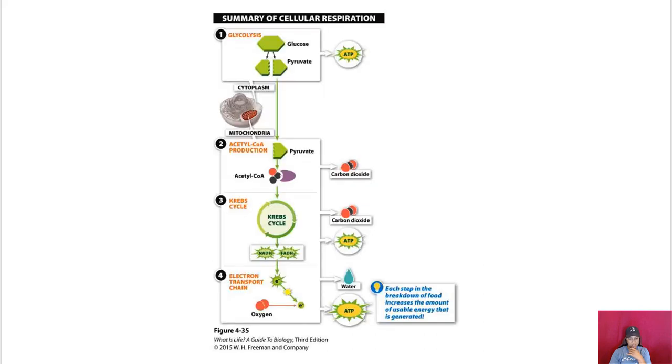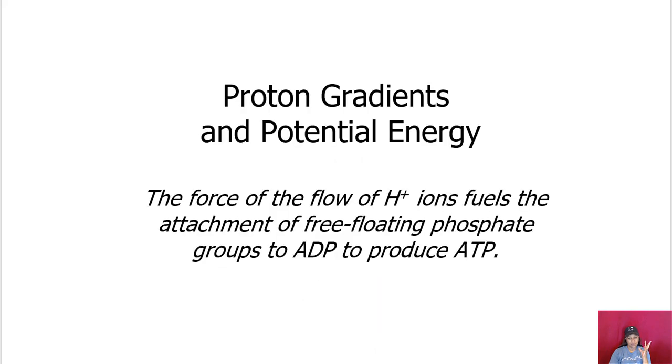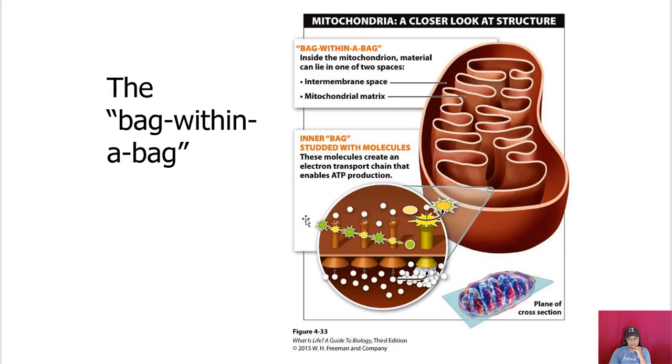I don't want you to get too caught up in what's happening in this electron transport chain. I just want you to know that there is something called the electron transport chain, and basically what's happening is the hydrogen is getting put through these pumps, and this energy of putting it through the pump is helping to put the phosphate back onto the ADP.